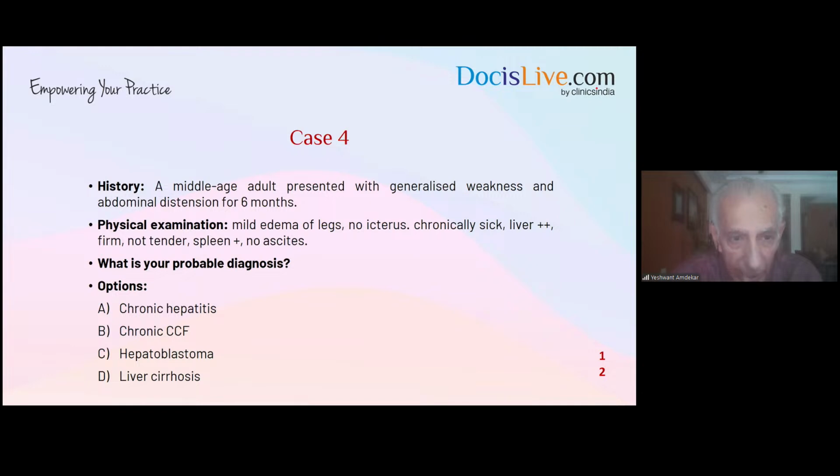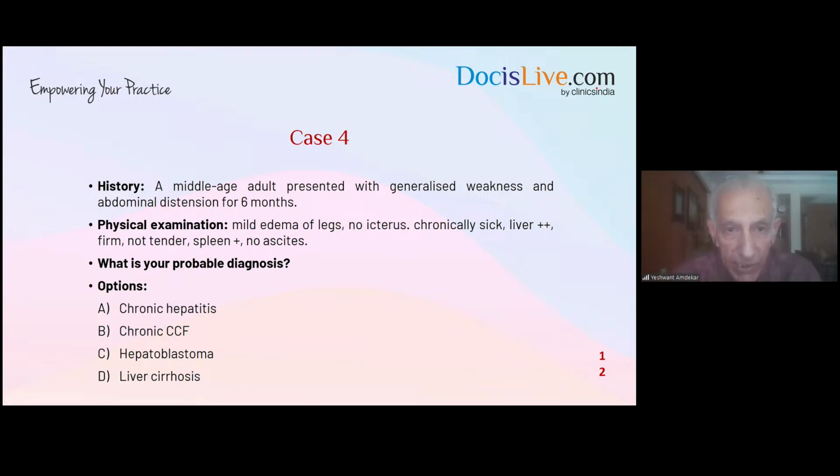That is lacking. And if it was a CCF, I would have mentioned the neck veins and a hepatojugular reflux, which is not mentioned here. Splenomegaly is possible in chronic CCF, but not common. Therefore, multiple reasons, this is not likely to be chronic CCF.